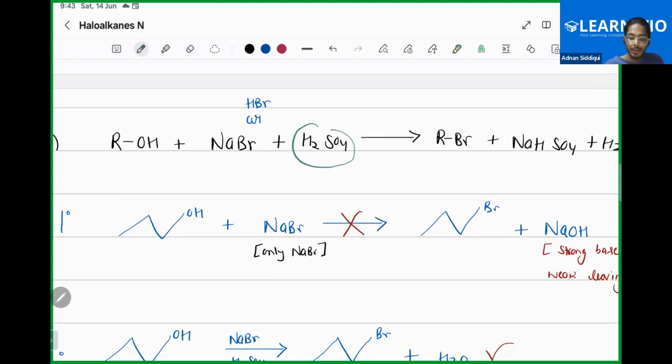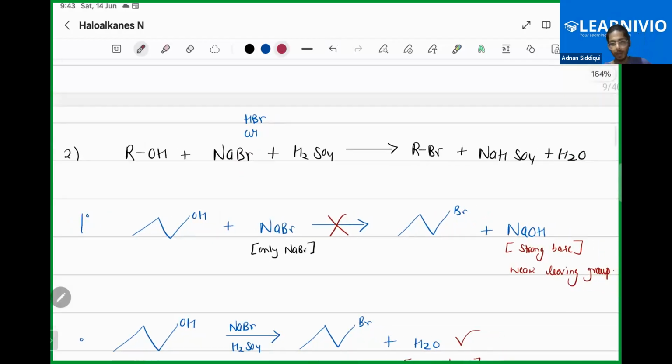What is the basic work of an acid? To provide H positive, right? So this H2SO4 will provide the H positive, and they will react with NaBr and become HBr. You can either write NaBr and H2SO4, or you can write HBr. The reaction is going to follow the same path.